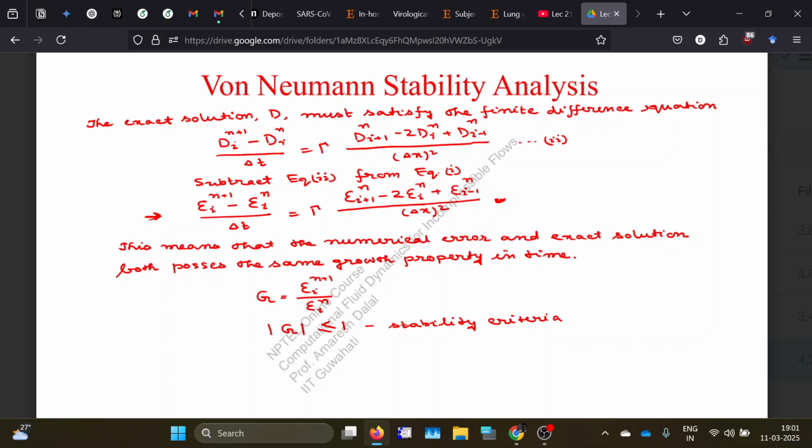This will be A_n. Let me write this. So this is a1 sine k1 plus a2 sine k2.